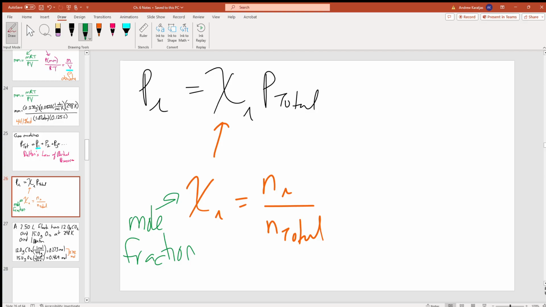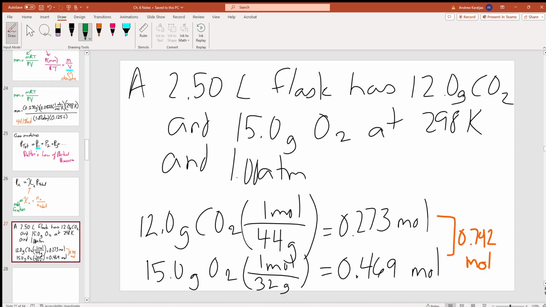Now notice that when we calculate this, and we'll do an example in a moment, that mole fraction is going to be a calculation that is moles divided by moles. So what are the units on mole fraction? There aren't any. So we can look at the following situation.